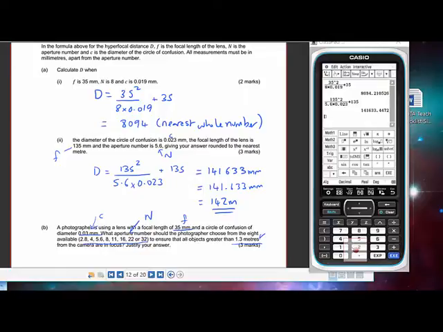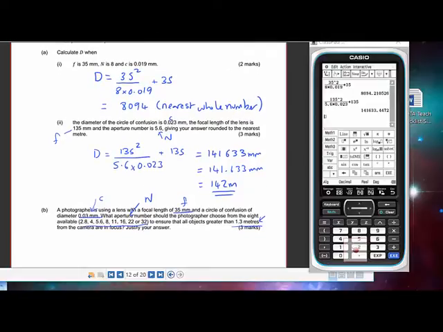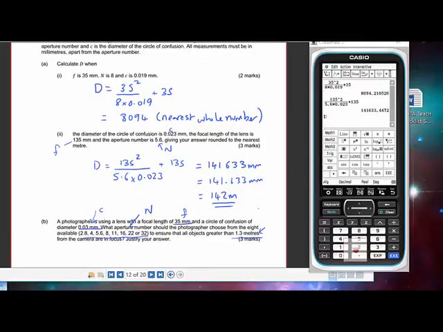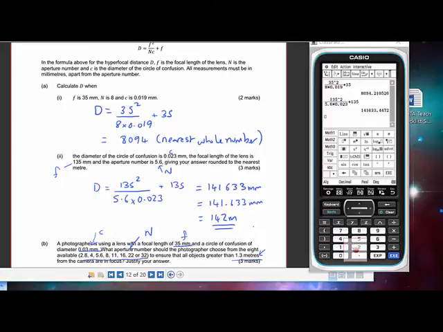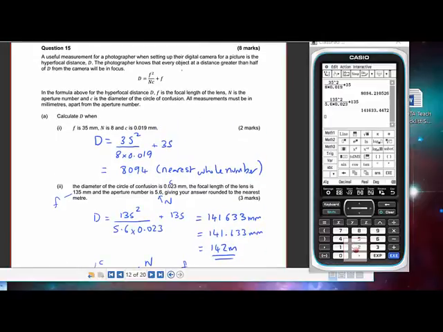So D is going to be related to this. Remember that D needs to be in millimeters, but note that up here we're told that every object at a distance greater than half of D will be in focus.